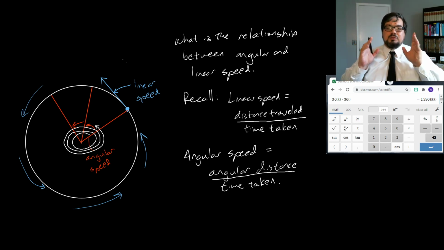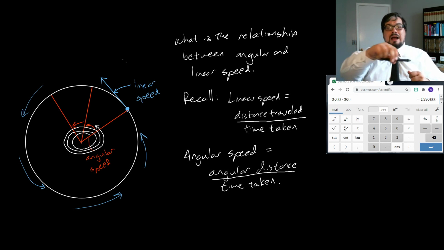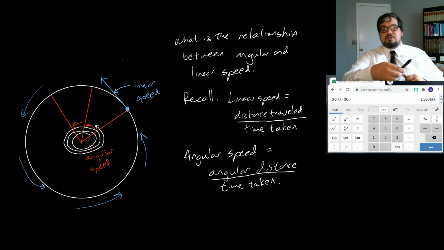I can say I'm going to look at this for 1 minute. And I'm going to measure two things. I'm going to measure how far it traveled along its path, so the literal length of its path. And then I'm also going to measure the total angle traveling that it did. How far around the circle did it go? How many radians or degrees or revolutions around the circle did it go? And in each of those cases, I divide by the time that it took, the 1 minute or the 10 minutes or whatever, and that'll give me my speed.